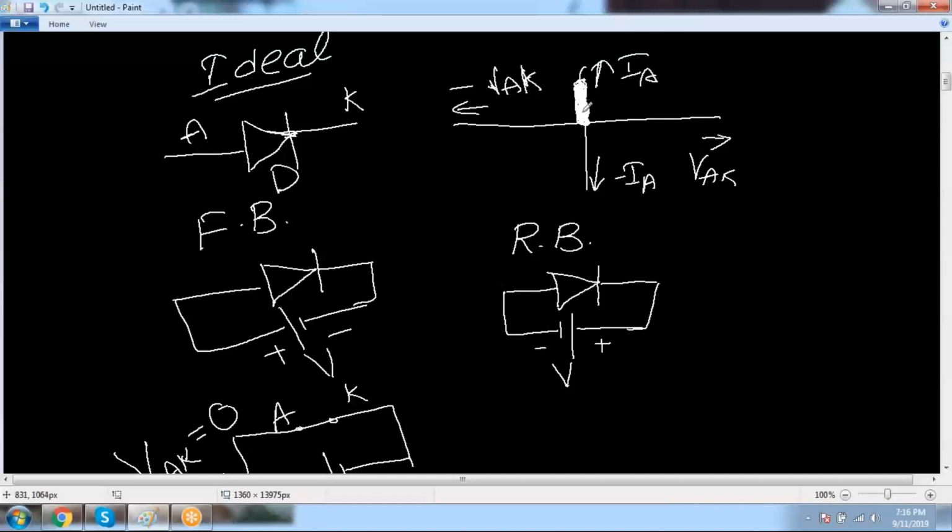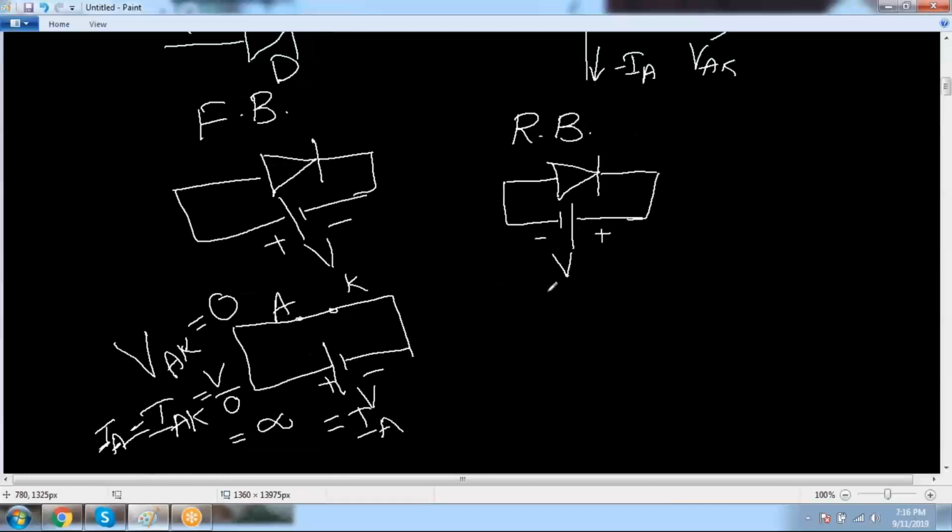Okay. Any questions? No. Now I want to discuss reverse biased. In a reverse biased mode, how is the diode behaving?